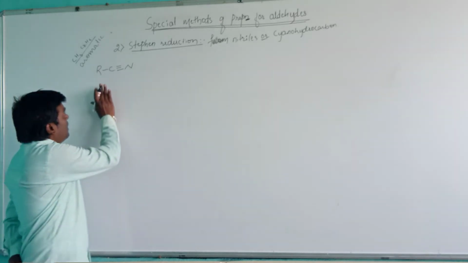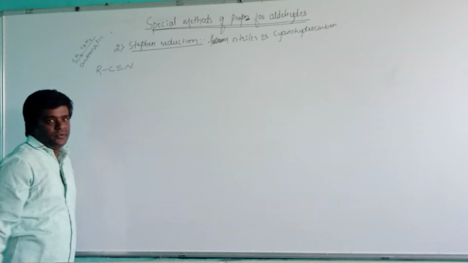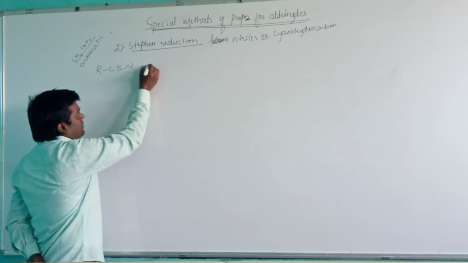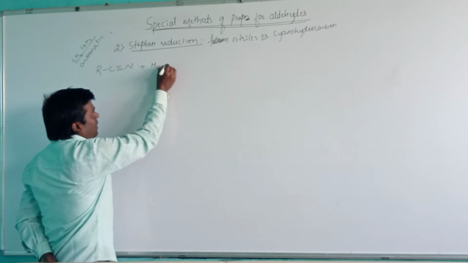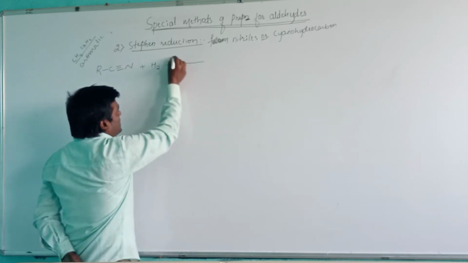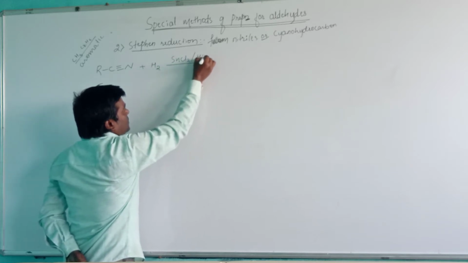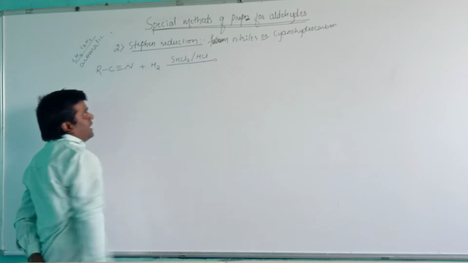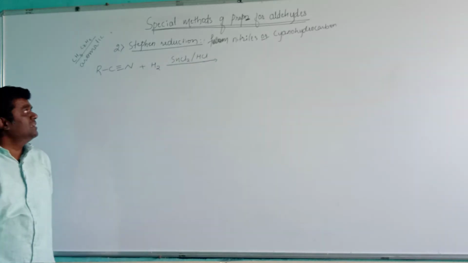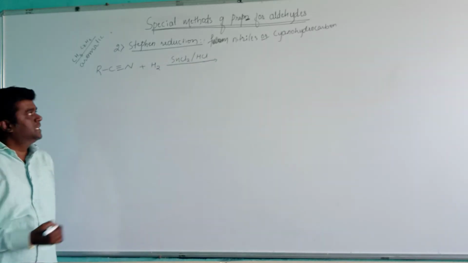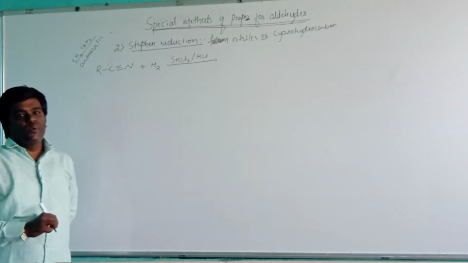Then let us see RC triple bond N when it undergoes reduction in the presence of a catalyst called stannous chloride in concentrated hydrochloric acid.